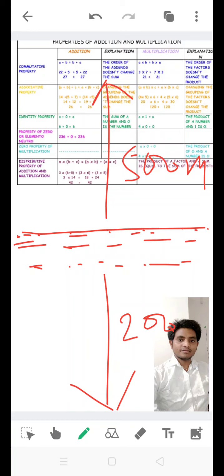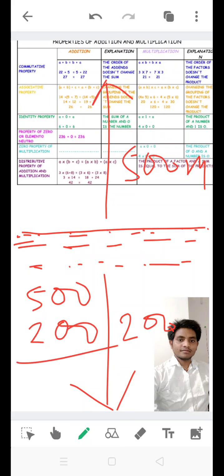Then we add 500 and 200. Then your value is 700. So the total distance between the aeroplane and the submarine is 700.